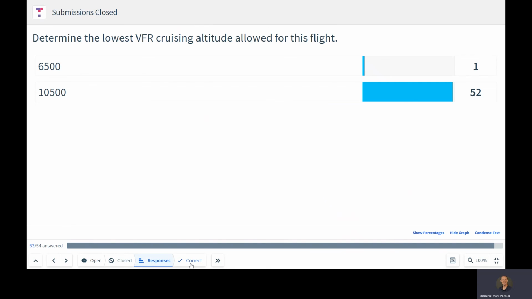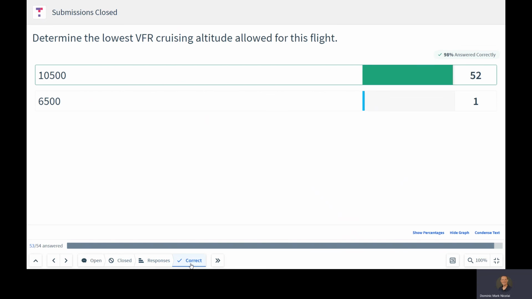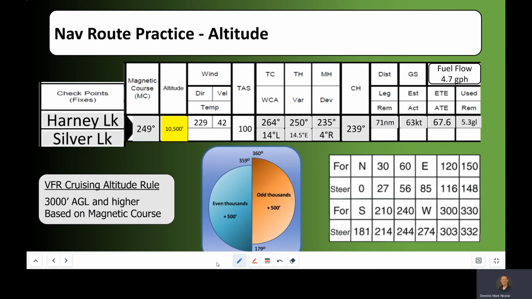There we go. That would definitely work. Now 6,500 feet, that would only get you a few hundred feet above that obstacle. It's not 3,000 feet above the ground. So that 6,500 would not be a cruising altitude. Cruising altitudes are beginning 3,000 feet AGL. There we are with our nav log completed.